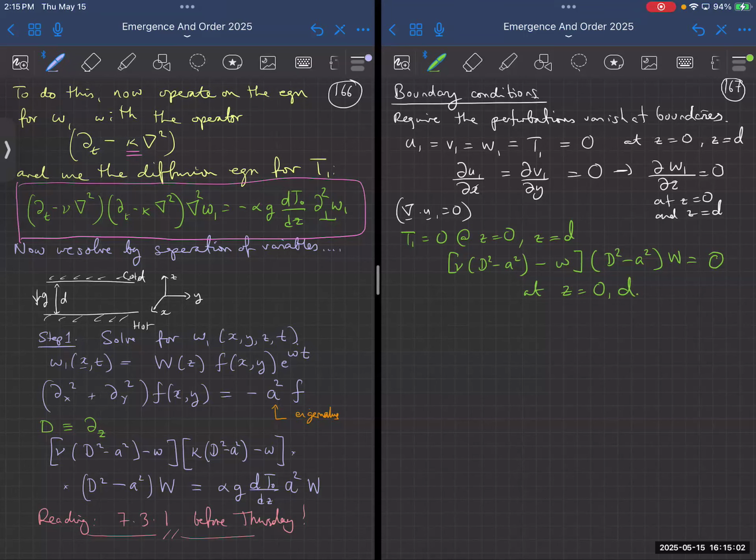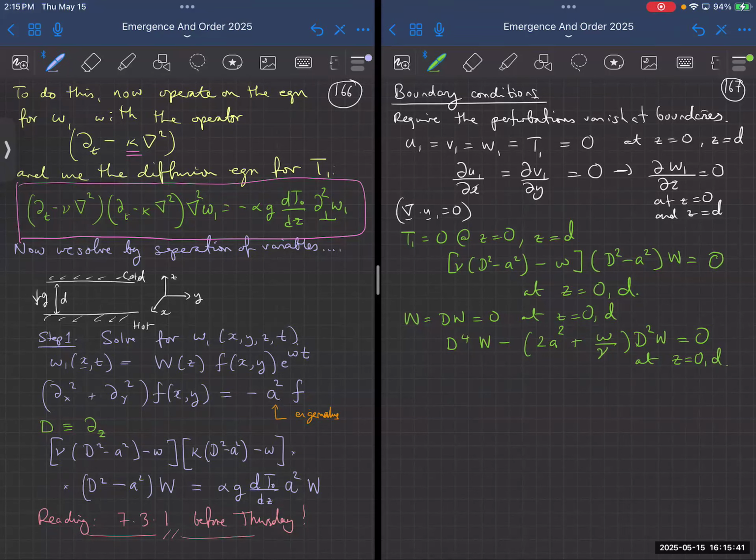And so then what does that mean? Well, I can expand that out, and I know that w and dw are equal to 0 at z equals 0 and z equals d. And so then I get this weird boundary condition that says D^4 w minus (2a squared plus omega over nu) D squared w is equal to 0 at z equals 0 and z equals d.